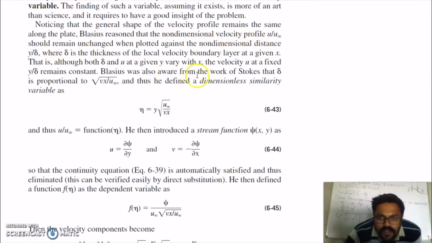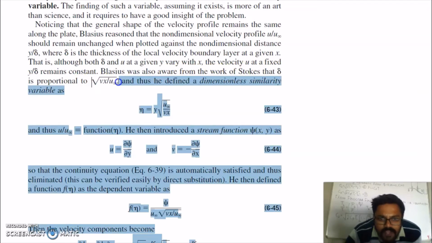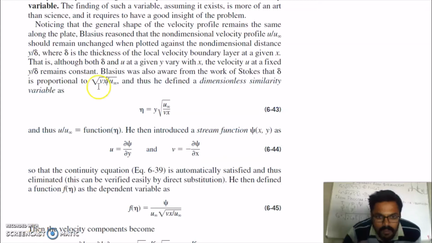Blasius was also aware from the work of Stokes that delta is proportional to the square root of nu x by u infinity. Now take this value of delta, put it here in y by delta, and assign this dimensionless similarity variable as eta.